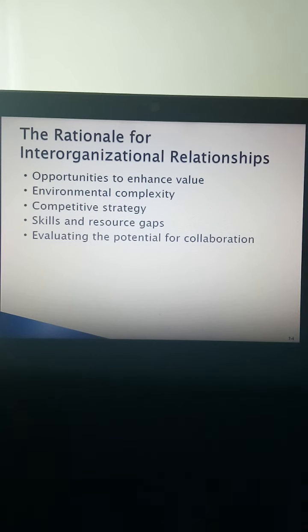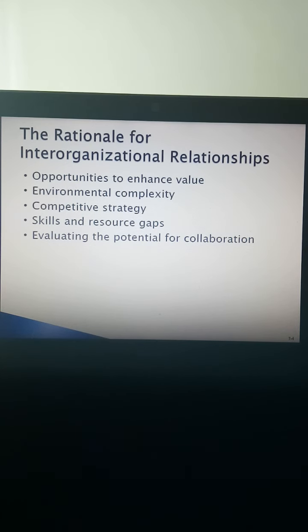The first question to ask yourself or your firm is: is the relationship strategy essential? Second question: are good candidates available? Who are the candidates to collaborate with? Are they available internally or externally?